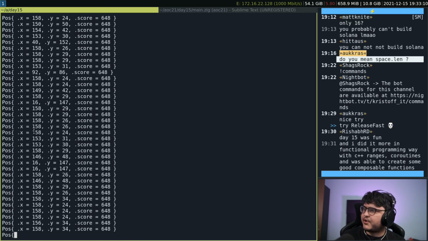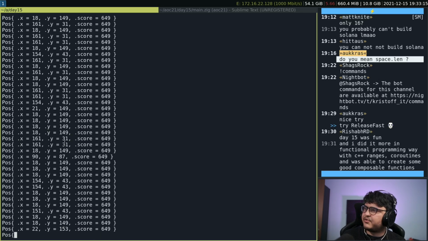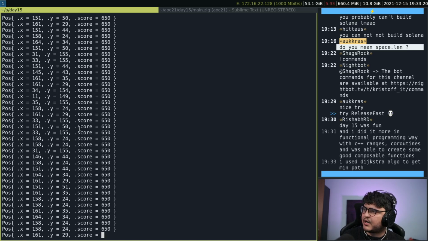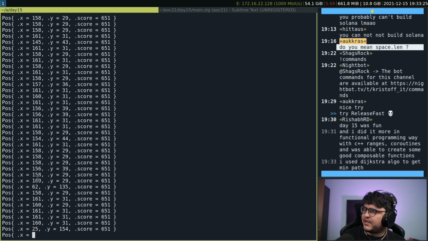Like x is going, like we're stuck in this position. We're not even moving. Like 160, 158, 161. It's not really making much progress. I think this one should be doing better than this, shouldn't it?